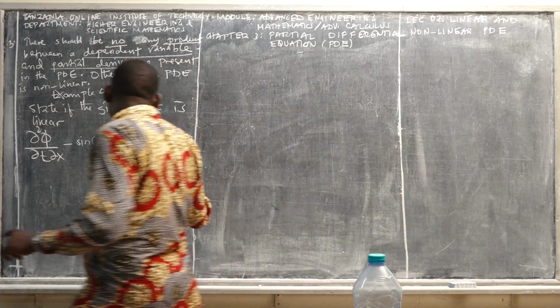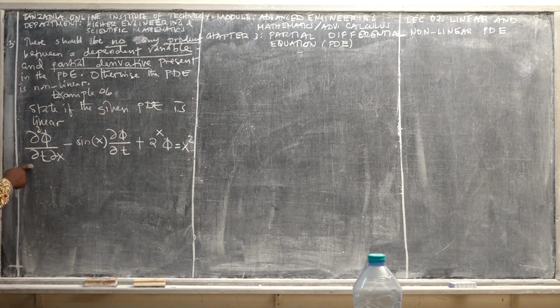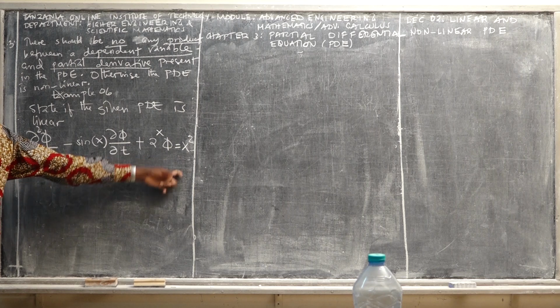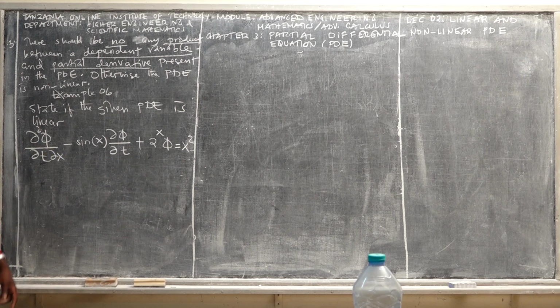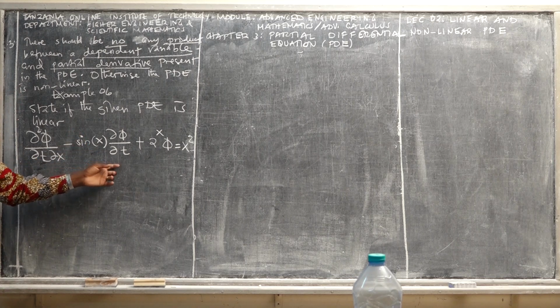Let us check. Do you have any dependent variable? Yes, psi. Very good. So psi is a dependent variable. How many terms do you have? 4 terms. Here you have partial derivatives, no partial derivatives, no partial derivatives.